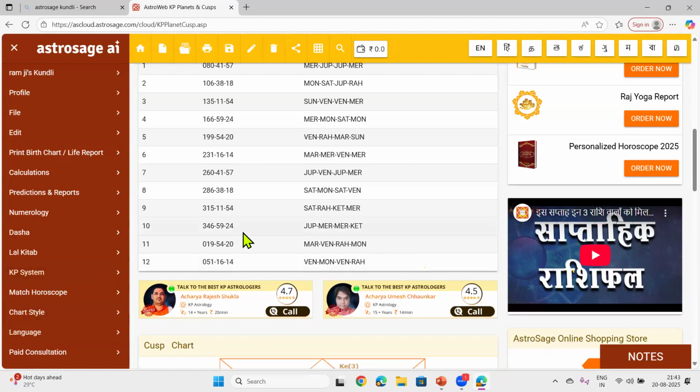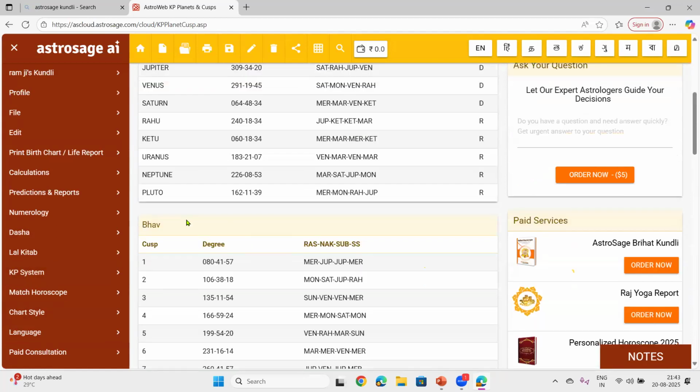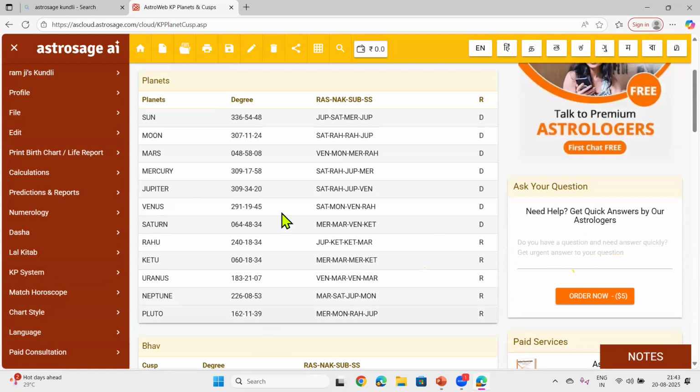So focus on Jupiter here and also the script of Jupiter. What is that? Rahu, Jupiter and Venus. Okay. Jupiter is giving the result of Rahu, followed by Jupiter and Venus. So we have to find out the connection with the 11th house. Who was the lord of the 11th house?